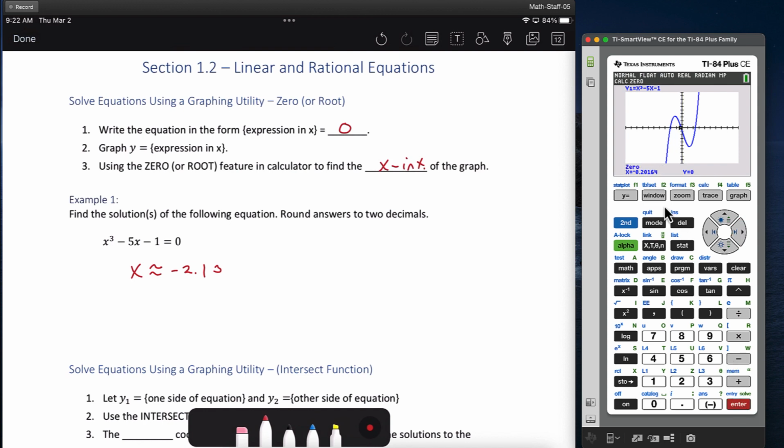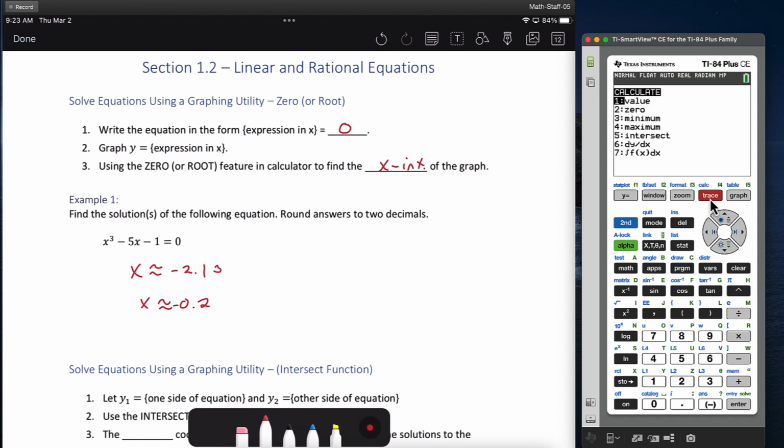Enter again, and we can see that this time the x-intercept is roughly negative 0.2. One more time to find our next intercept. Get our left bound, then the right bound, guess, and it looks like it's roughly 2.33.